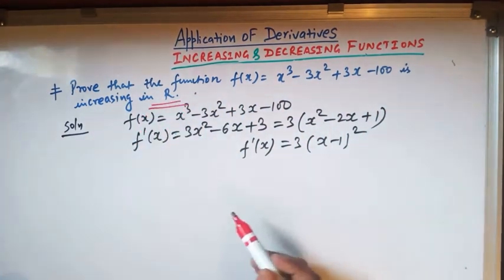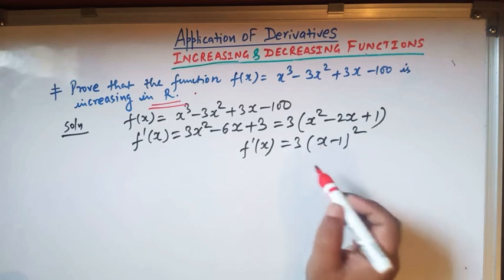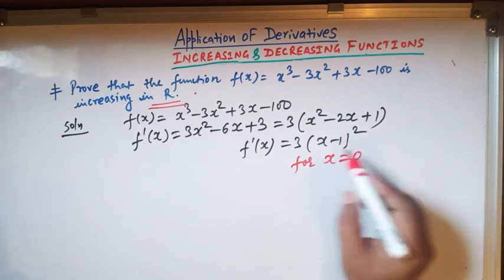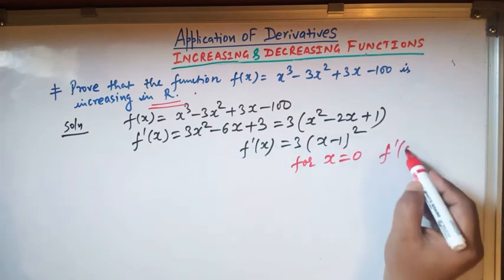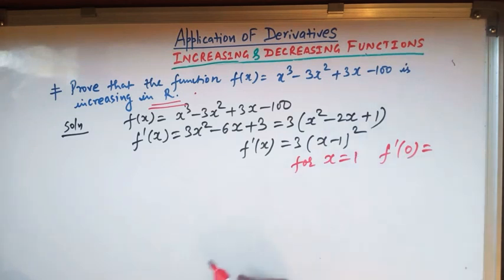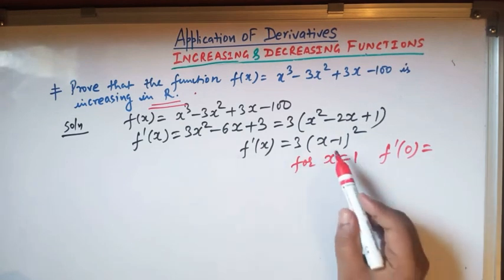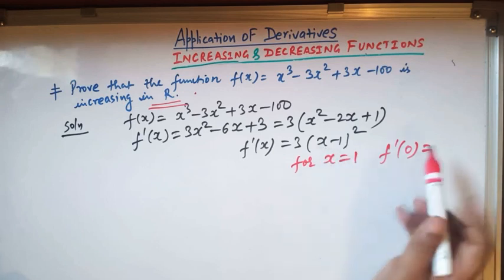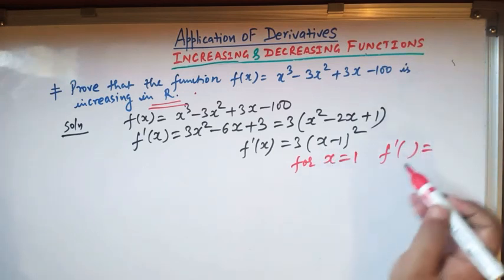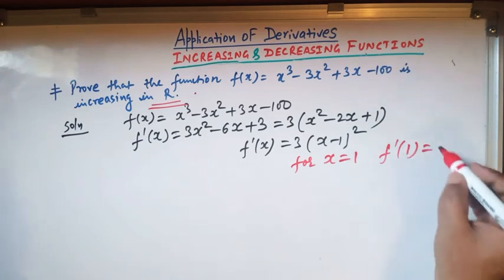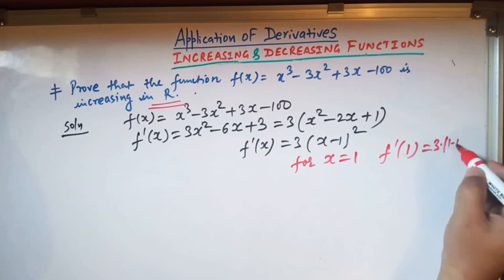Clear? So for x equal to 1, I correct it, this is for x equal to 1. So for x equal to 1, f prime of 1 is 3 times 1 minus 1 square.